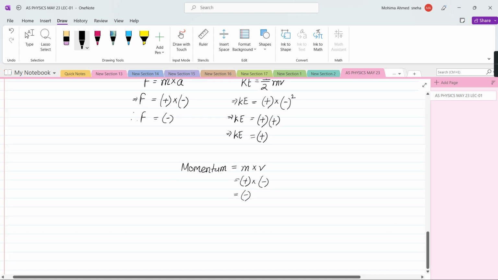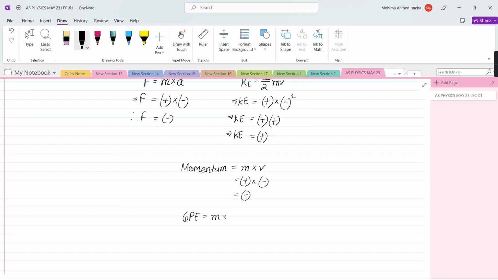And then after that, we had gravitational potential energy. We have a lot of questions for this specific quantity, mass, g, and h. For gravitational acceleration, always remember, it doesn't really matter what type of acceleration we're working with. We can have deceleration, that is negative acceleration. We can have uniform, constant, steady acceleration.